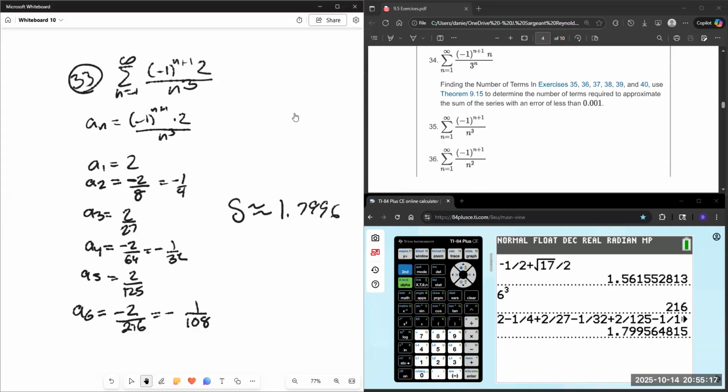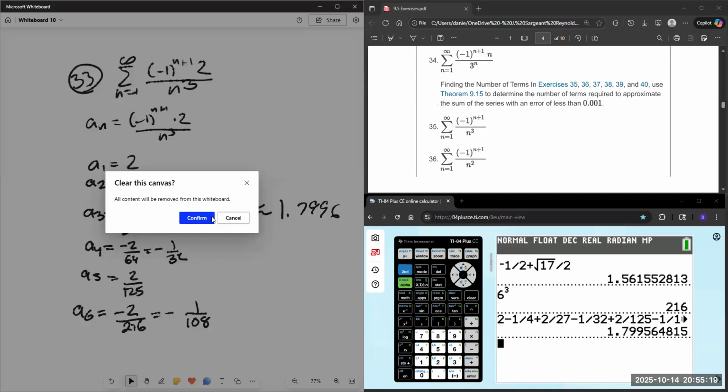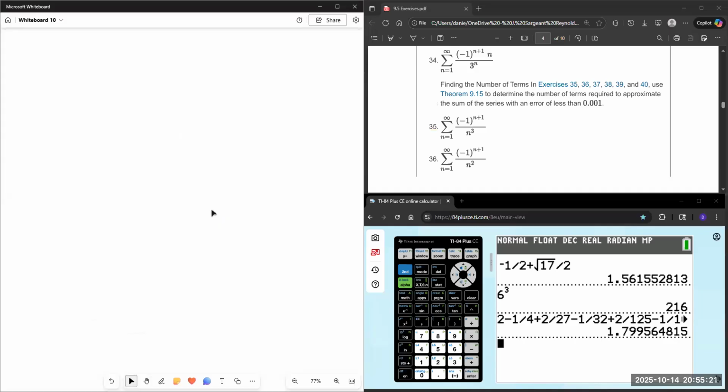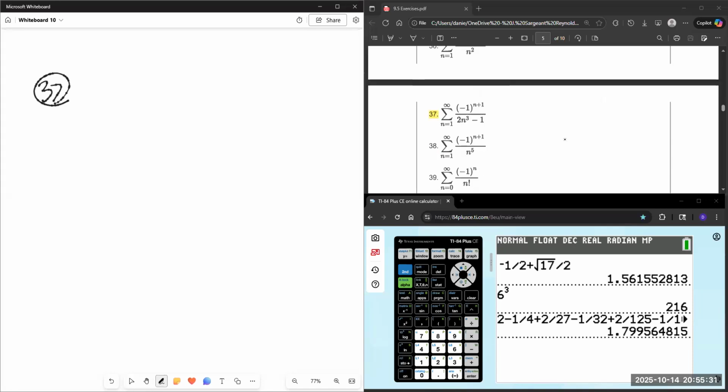37, number of terms that we need to guarantee a certain margin of error less than 1/1000th. So for 37, we want the summation n equals 1 to infinity of (-1)^(n+1) over 2n cubed minus 1.